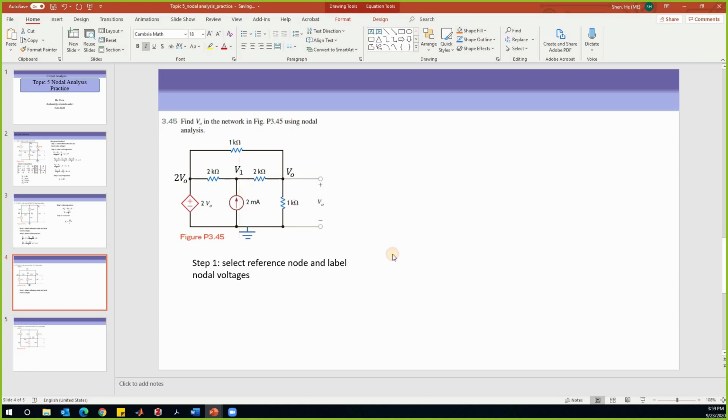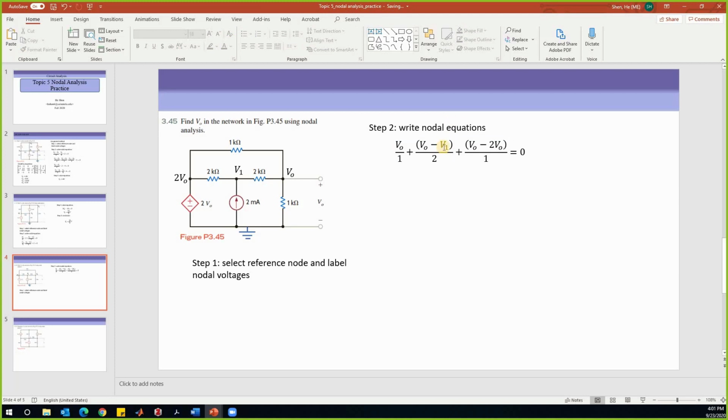Now I've labeled everything, so the next step is to write the nodal equations. Which node are we going to pick? We're looking for VO, so at least you need to find one related to VO, right? So we'll start from here. The current leaving from this branch is (VO minus V1) divided by 2. The current leaving from this branch is (VO minus 2VO) divided by 1. So we get everything, and that is equal to 0.